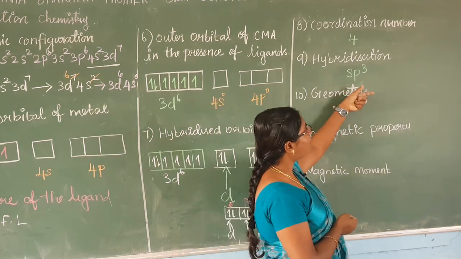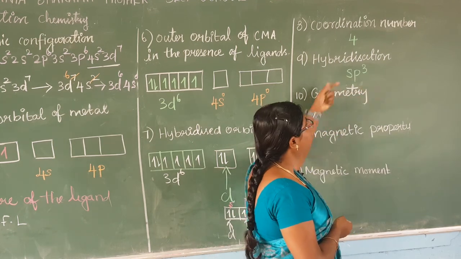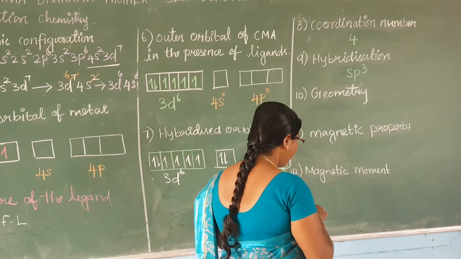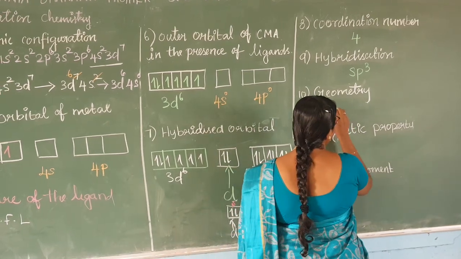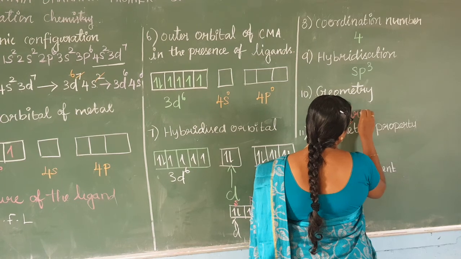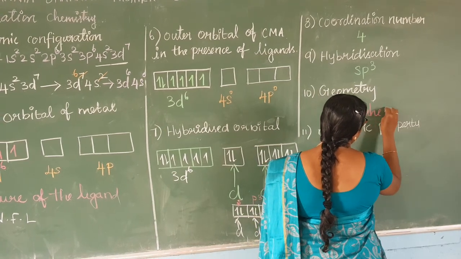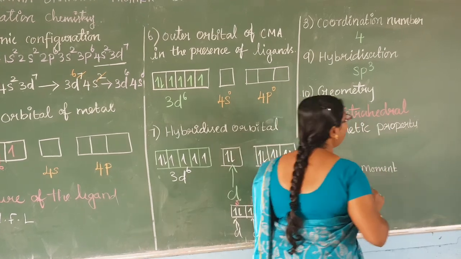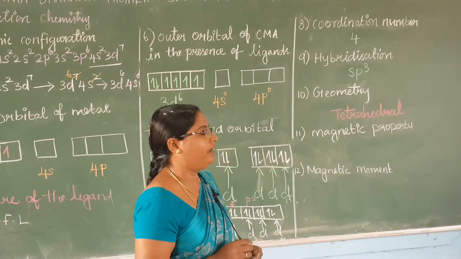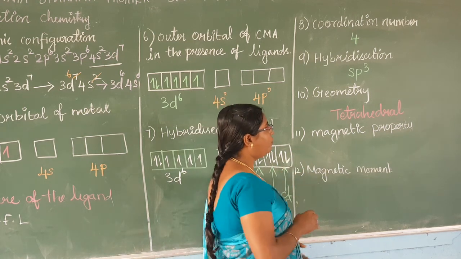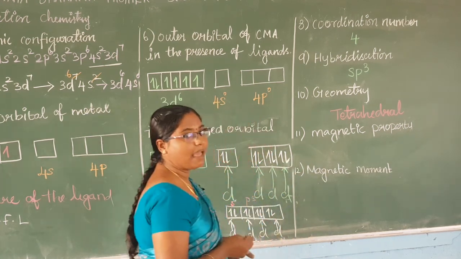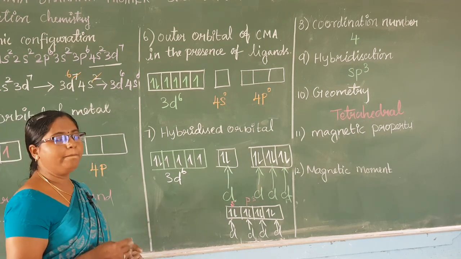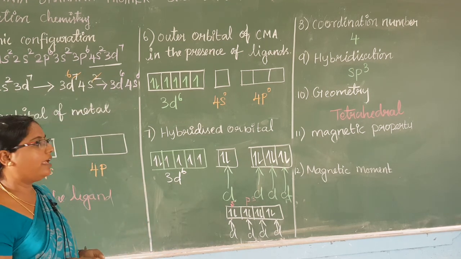If the complex has sp3 hybridization, what will be the geometry? The geometry will be tetrahedral. So this complex has tetrahedral geometry. Then we can go for the magnetic property. Magnetic properties explain paramagnetism and diamagnetism.